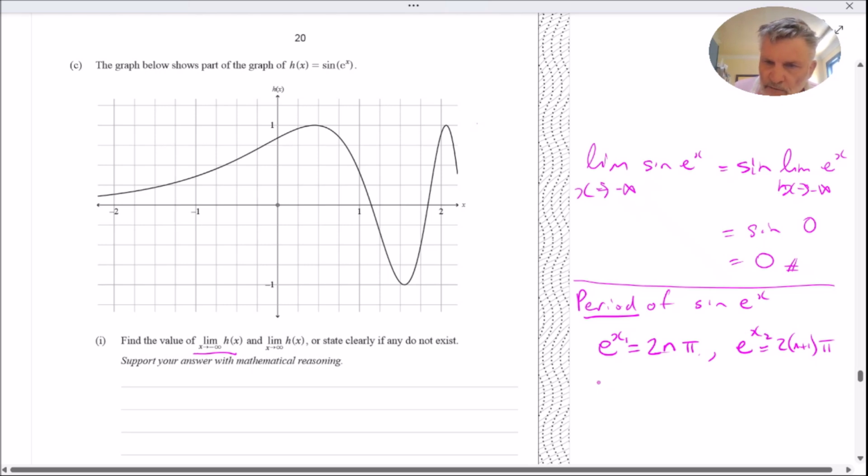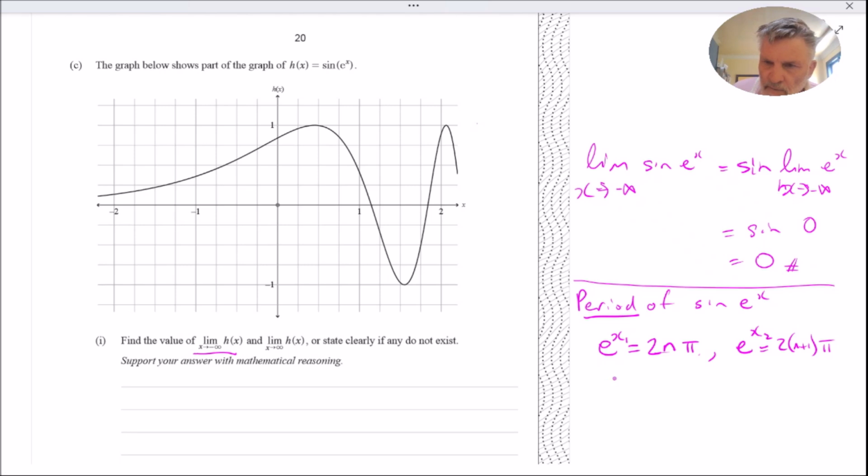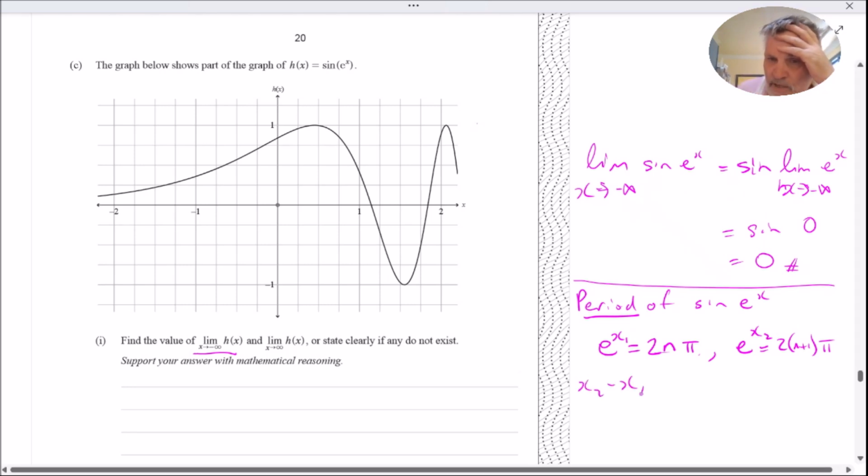So if we subtract those, we want x2 minus x1 basically.